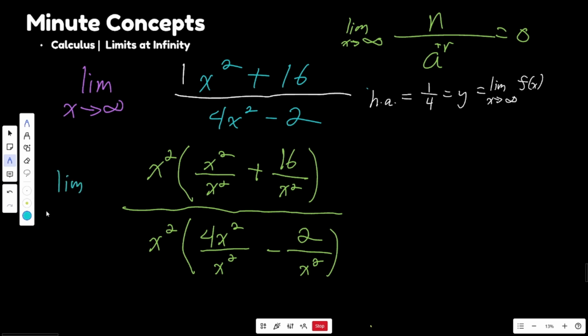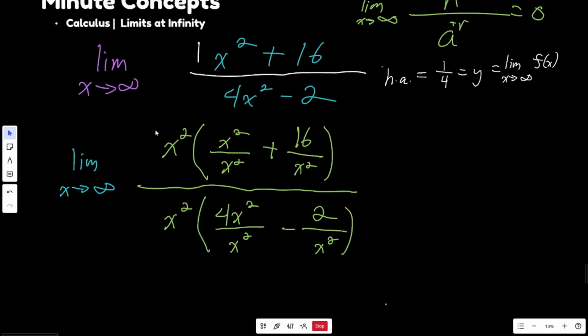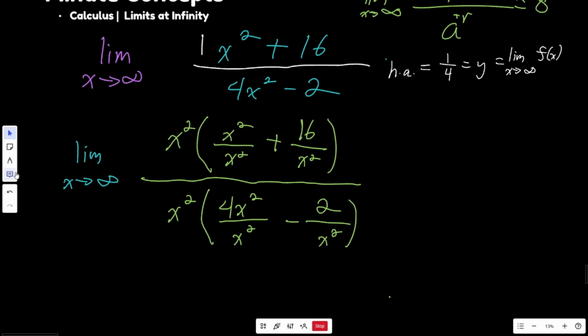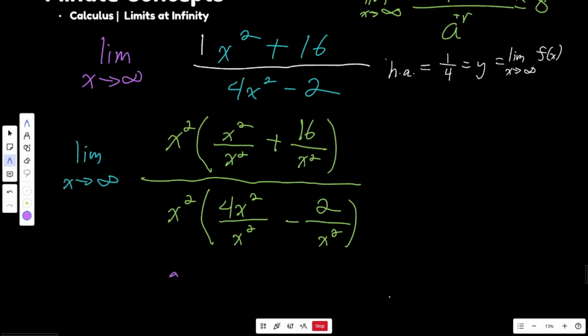So the limit as x approaches infinity. Now, how do we simplify from here? Let's just get rid of all of the ones that simplify to 1. So we're going to rewrite it again. We can cancel these two out. This becomes 1, this becomes 4, and we'll get to the next part after.